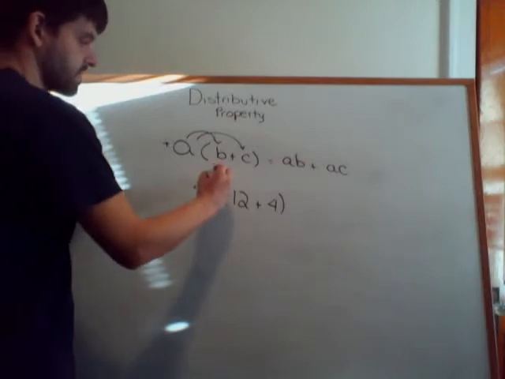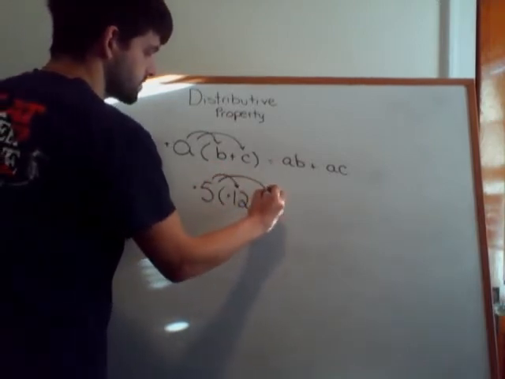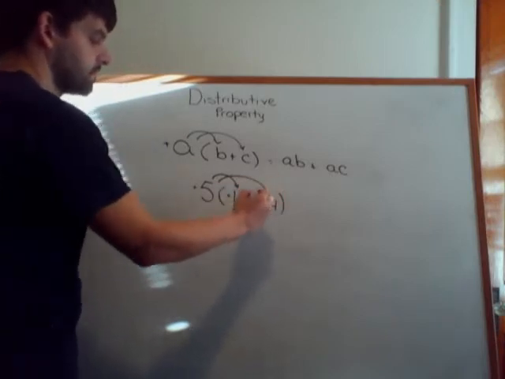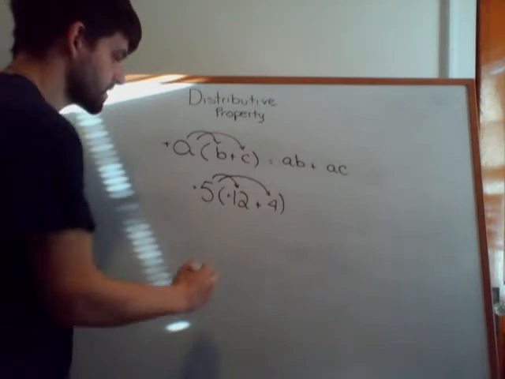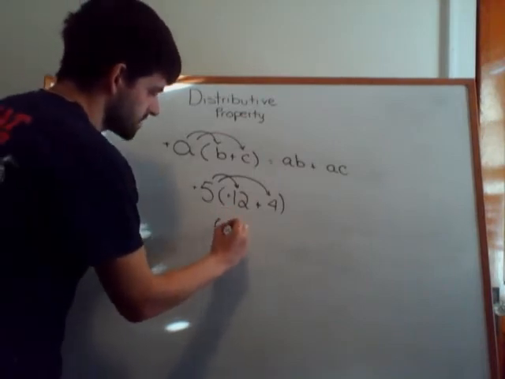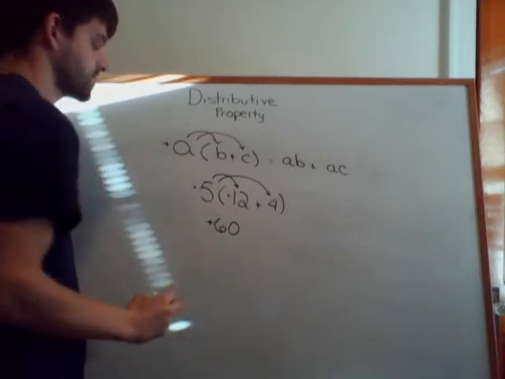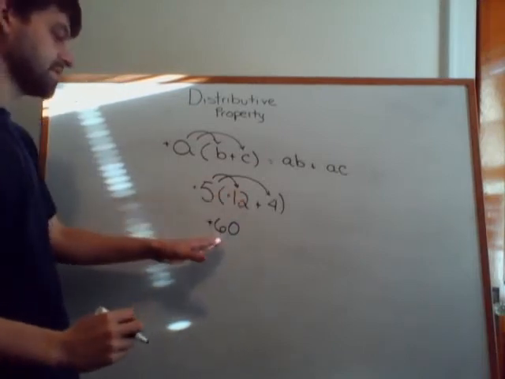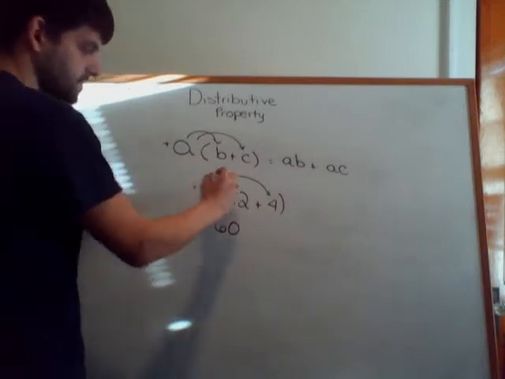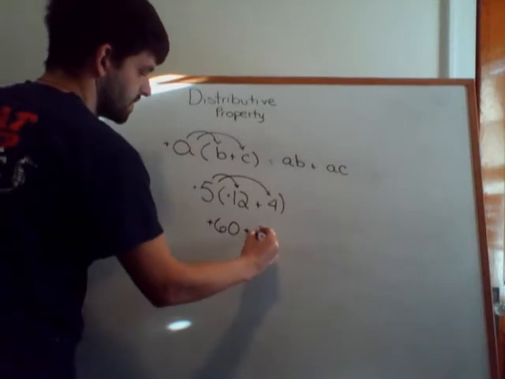Now, as I mentioned with the distributive property, we're taking 5 and distributing it into the individual terms here of both 12 and 4 by means of multiplication. So 5 distributed into 12 is 5 times 12, which is 60. And then remember, each of the individual terms has a sign on it. So positive 5 times a positive 12 is a positive 60. And then a positive 5 times a positive 4 is a positive 20.